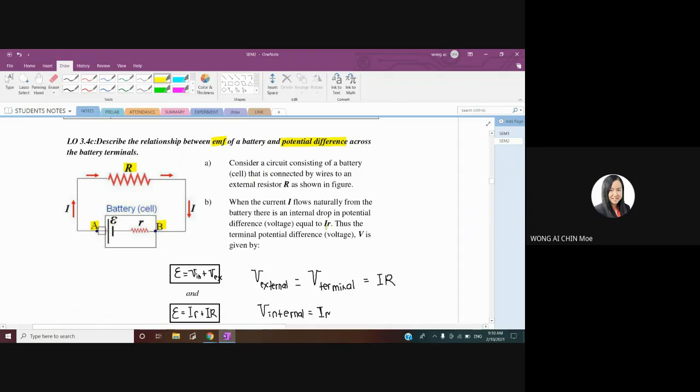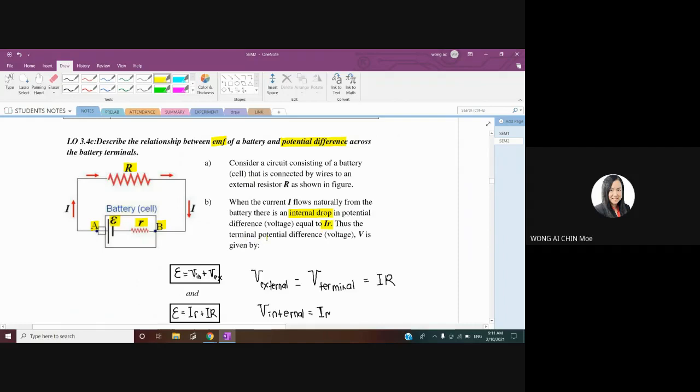For this case, inside the battery there is an internal resistor, which we write as a small letter r. This is the symbol for EMF. So the internal drop we write as Ir.